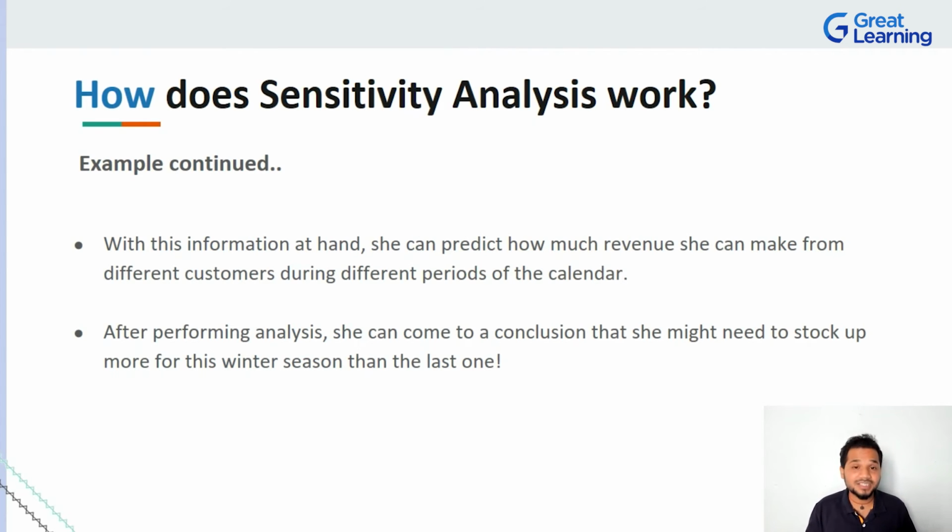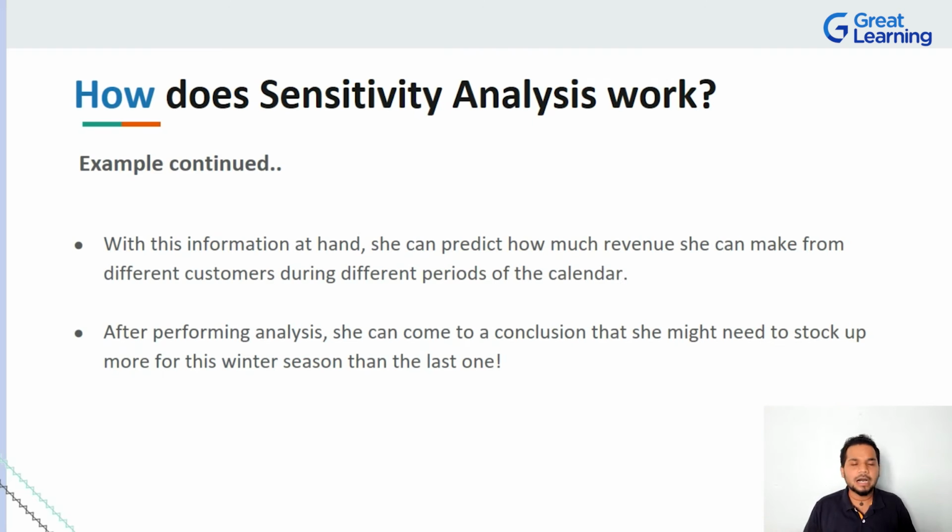Now, her analysis might say, hey, instead of just buying 20 jackets to sell to your customers this time, why don't you buy 35 or 40? Because this summer season, you might see a lot more customers walk in. And if that doesn't work, you can put it in storage and eventually sell it in the winter months as well. But she wants to be ready for those customers who walk in during the summer, right?